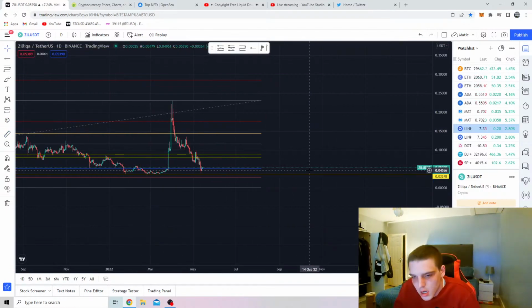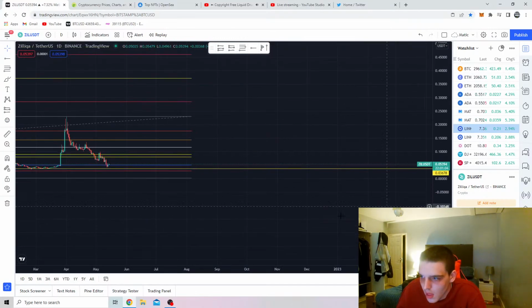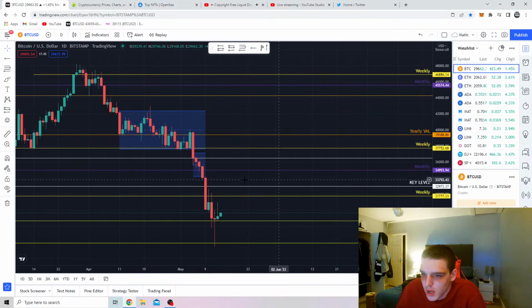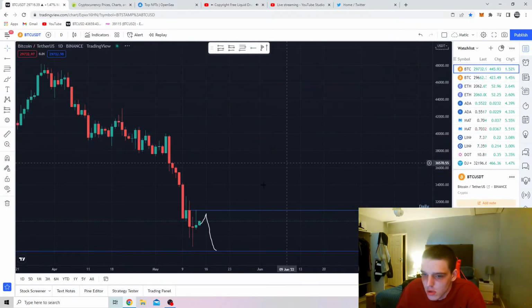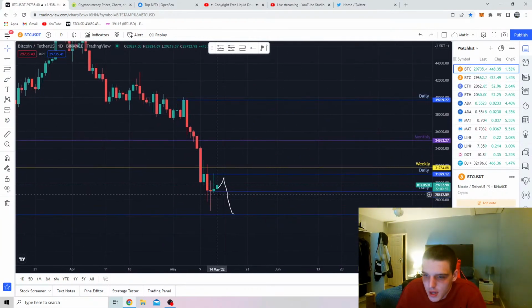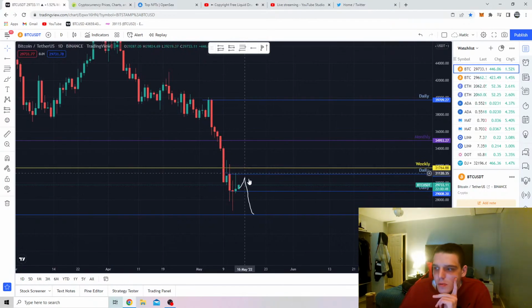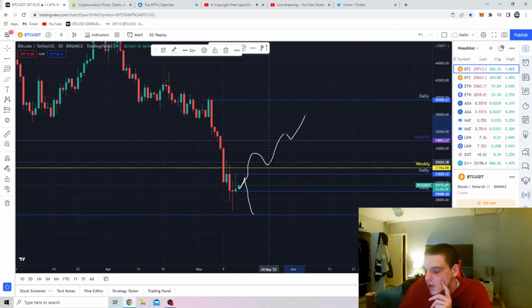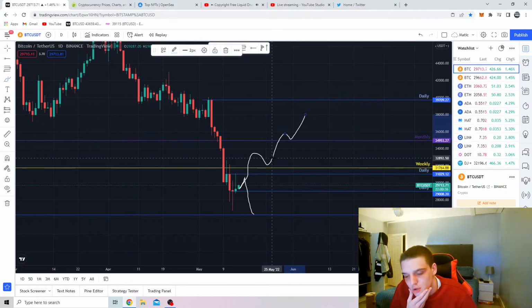With Zilliqa, to be honest, again, it all depends on Bitcoin. Because if Bitcoin comes up to these levels and rejects, then we could be looking for more downside potential. But if it goes above 31,700 and we hold, so like this, if we do this, bounce, then there's a likelihood that we could have way more upside potential.